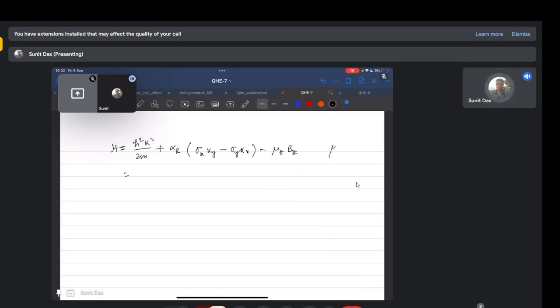And mu z can be positive, let's say, for spin up state, and mu z can be negative for spin down state. Okay. So this is the Hamiltonian.